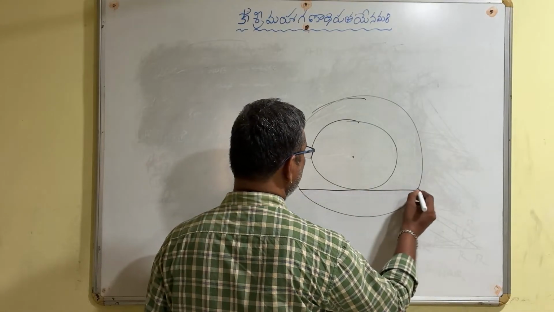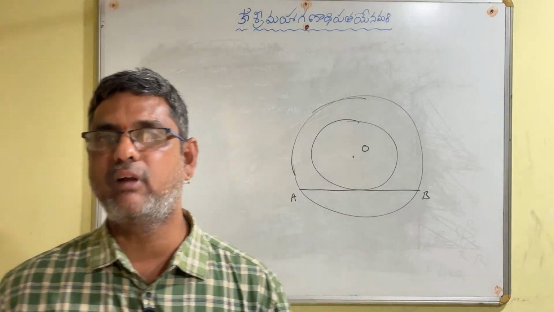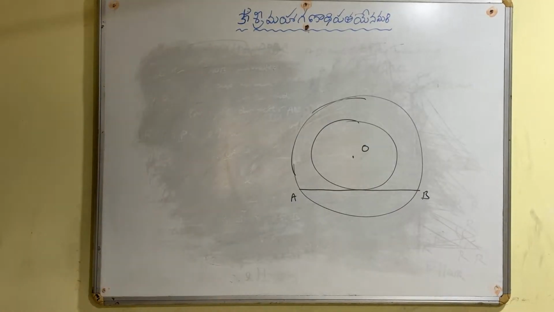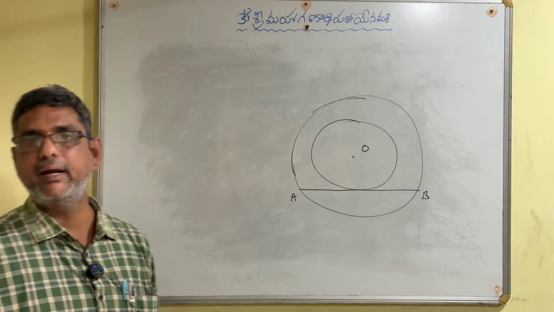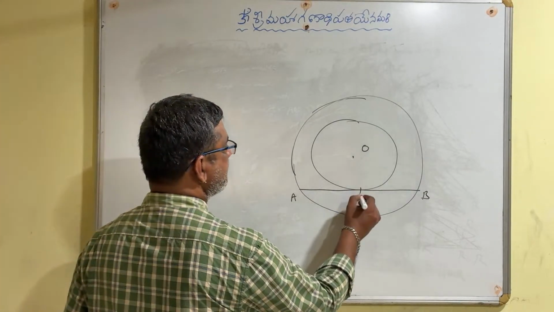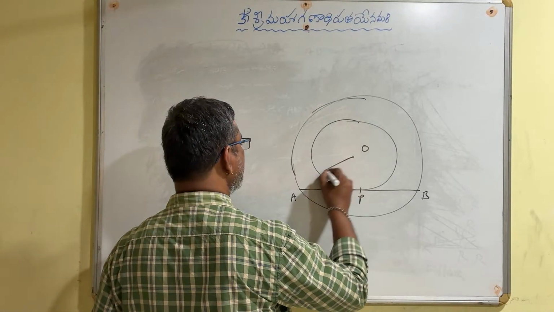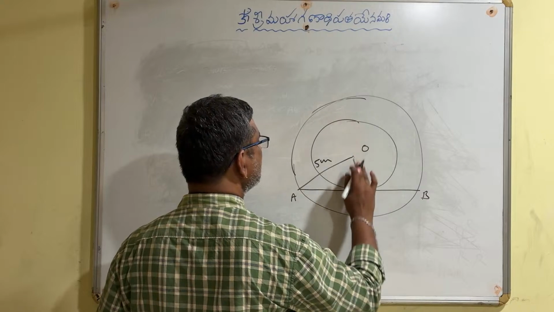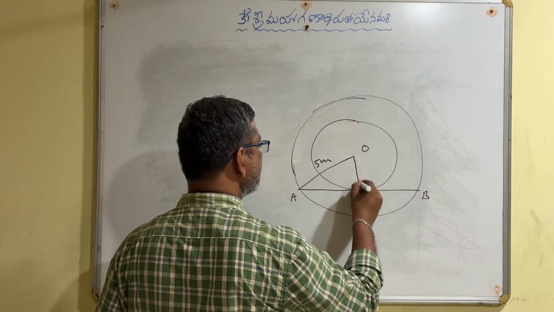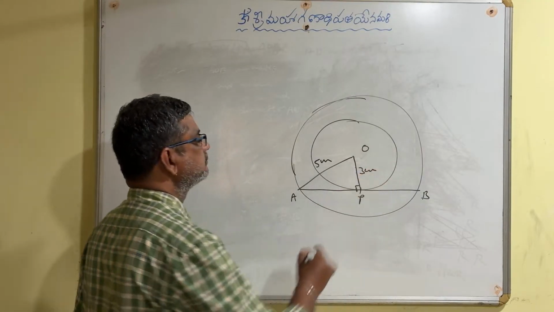There is a chord AB. AB is the chord of the larger circle and tangent to the smaller circle at P. The radius of the larger circle is given as 5 centimeters, and the radius of the smaller circle is given as 3 centimeters.